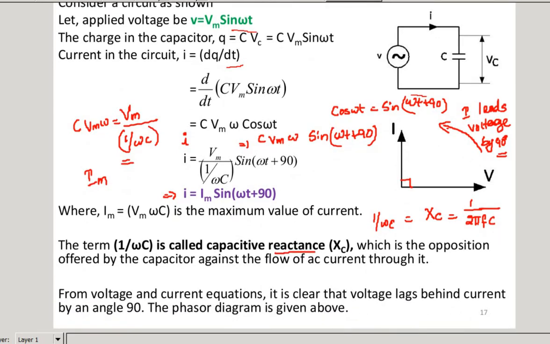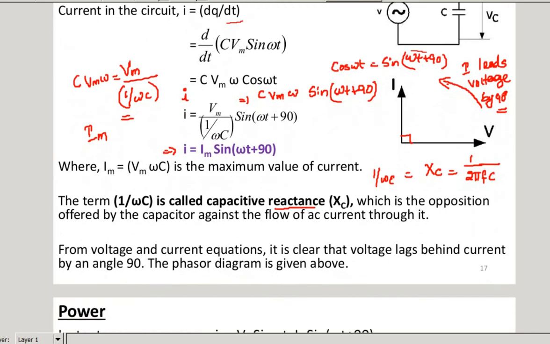Since it is purely capacitive, the phase angle is 90 degrees. We can also explain it another way: voltage lags behind the current by an angle of 90 degrees. These two statements are the same. Current leads the voltage by 90 degrees, or voltage lags behind the current by 90 degrees.